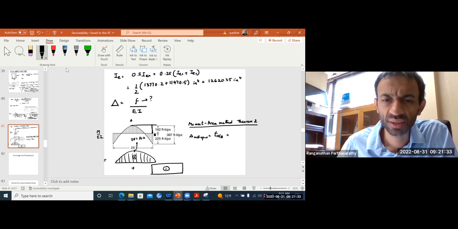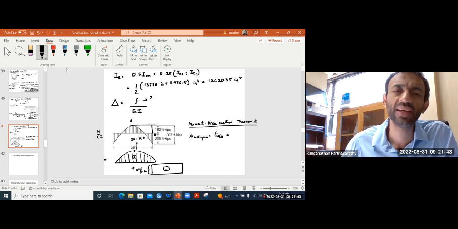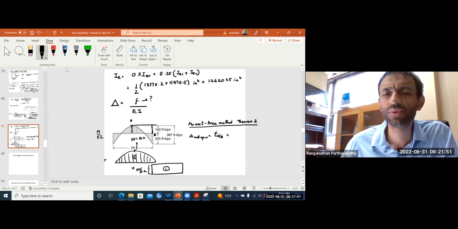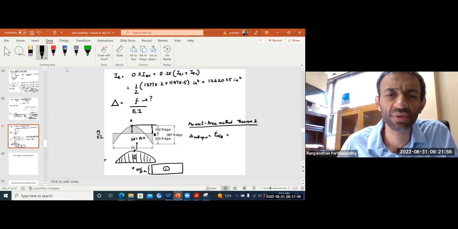And in the negative, we have 225. So if you add these two, you will get this moment diagram. Taking the moment of all this area from A to B, about B, is a bit more complicated. But if you do this, it is very easy. Take the moment of the parabola. Since moment is directly proportional, you can superpose moment of this parabola and moment of half of this rectangle.